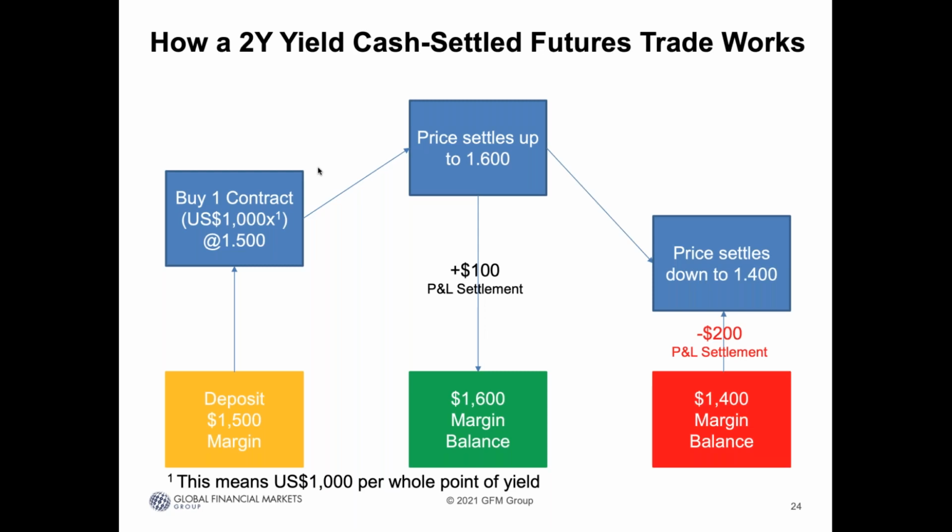If the price moves from 1.6 down to 1.4, then that $100 plus an extra $100, so a total of $200, will be taken out of your account, and your margin balance will be reduced down to $1,400. Trading futures is really this simple, but for anyone who is new to futures, I highly encourage you to take some time with this slide and make sure you are absolutely comfortable with how this works before you trade any futures contract.